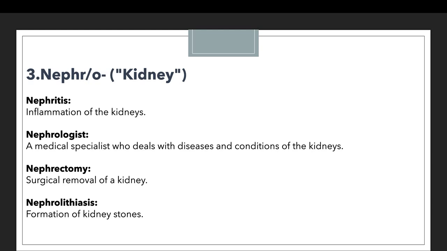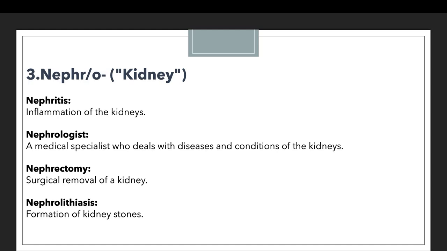So that specialist we will denote with the term nephrologist, which again starts with the prefix nephr, which means kidney. A person who is experienced or a specialist in dealing with conditions related to kidneys.